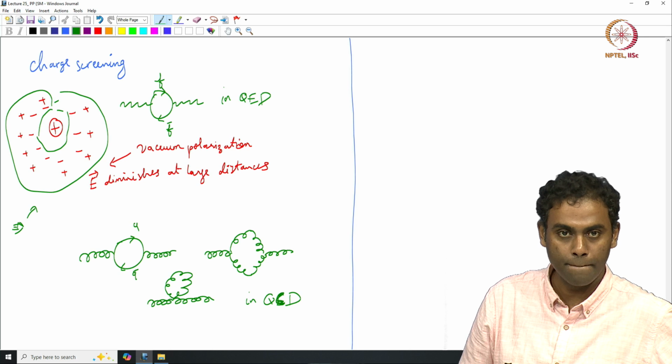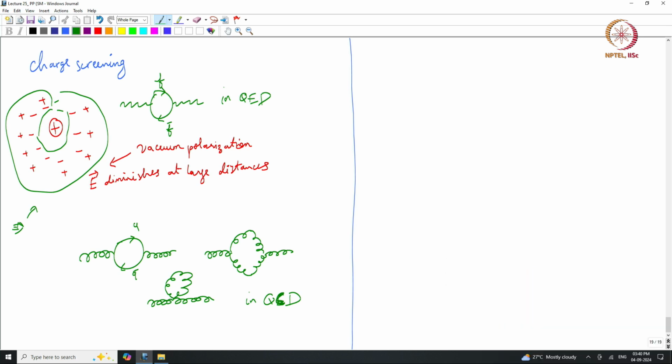So what happens here? Let me draw yet another picture to show exactly what happens. When I had charge screening, what was really going on was that I had a field put out in this direction by the test charge, by the central charge.